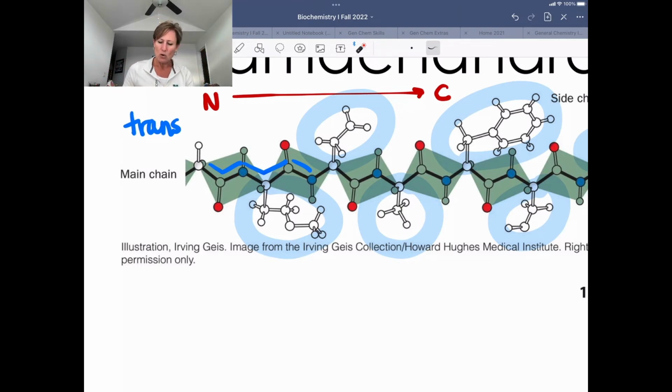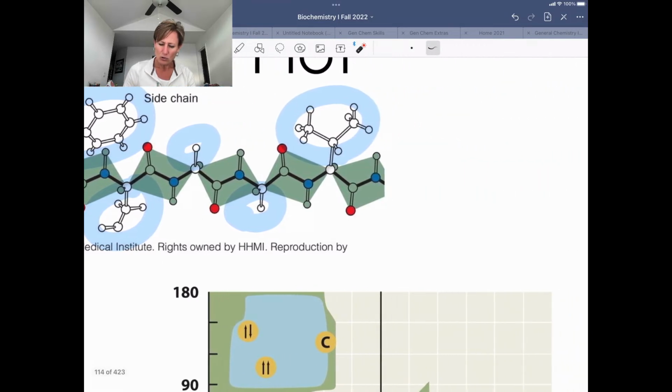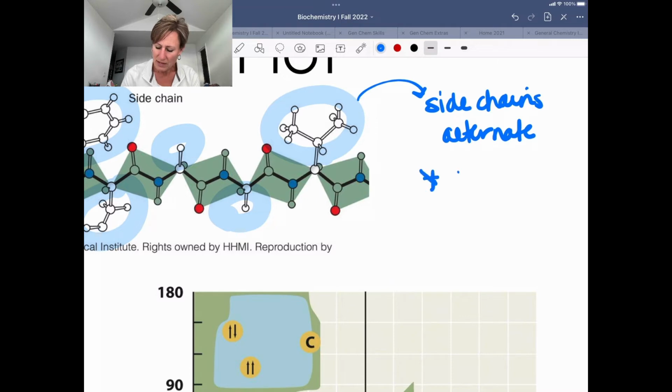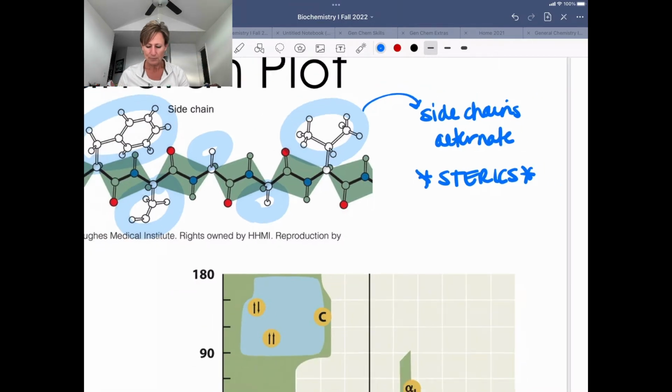Okay, so to have these side chains alternate, just to sum this up here, our side chains are going to alternate. And that's because of sterics. We're going to give everything as much room as possible.